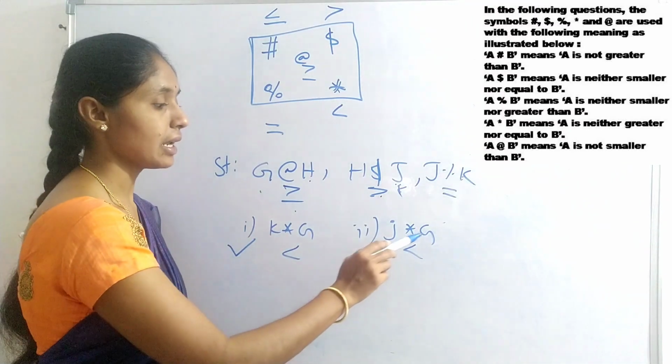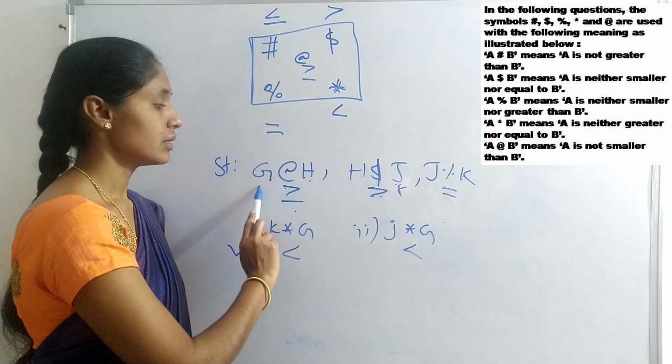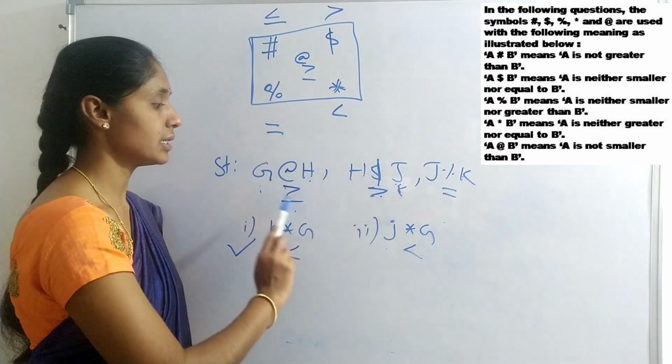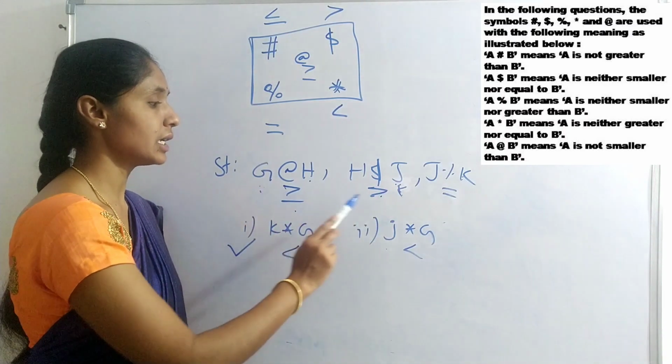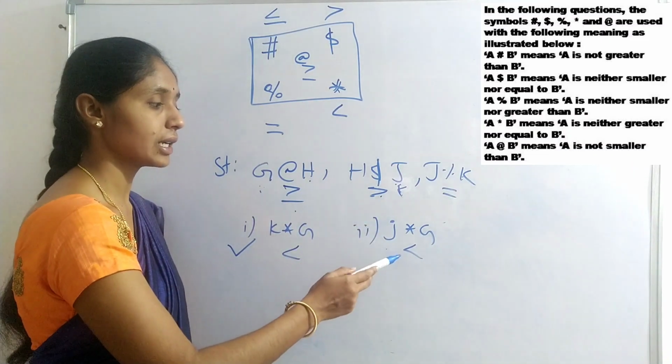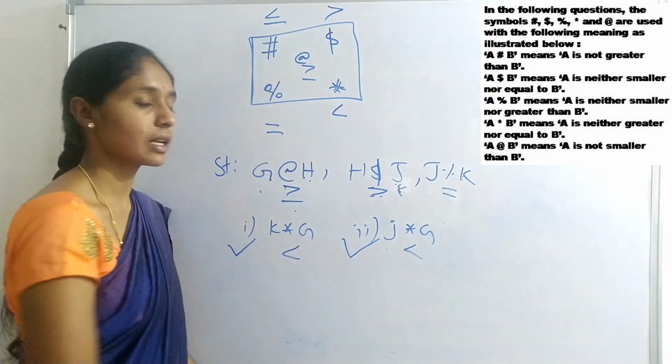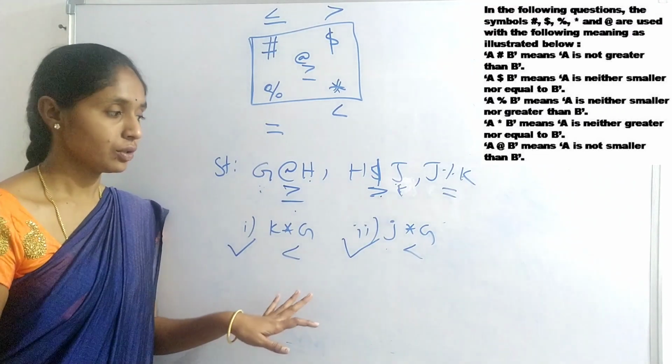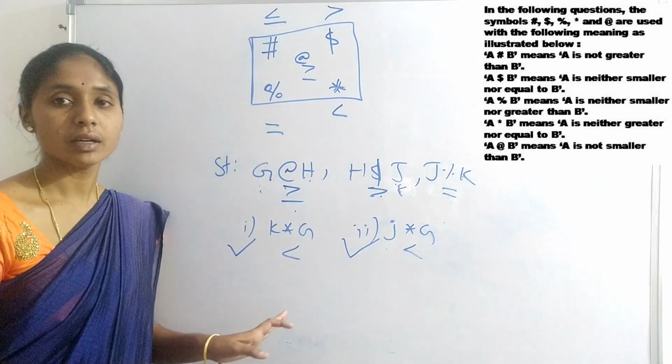And J less than G. G is here, J is here. From this we can write G greater than K, J. So directly J less than G. This is also right. Both 1 and 2 conclusions are true for this question.